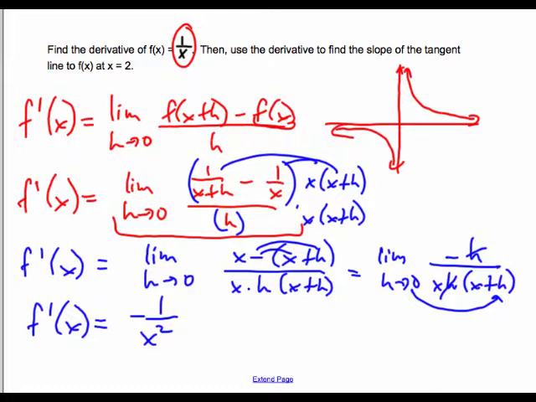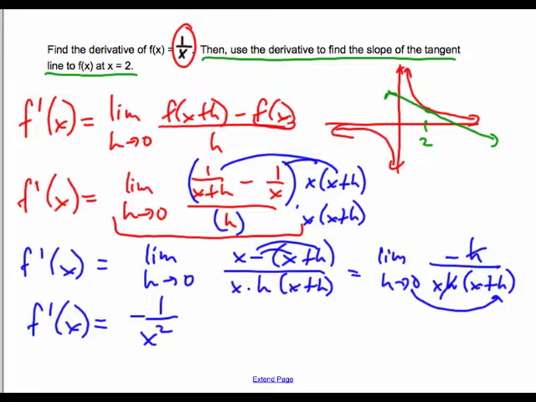Now, what exactly does that mean? Well, the question asks us to use our result, use the derivative to find the slope of the tangent line at x equals 2. So at x equals 2, I can visualize that my tangent is somewhat like that. It's got a negative slope, the line is falling, which means a negative instantaneous rate of change.